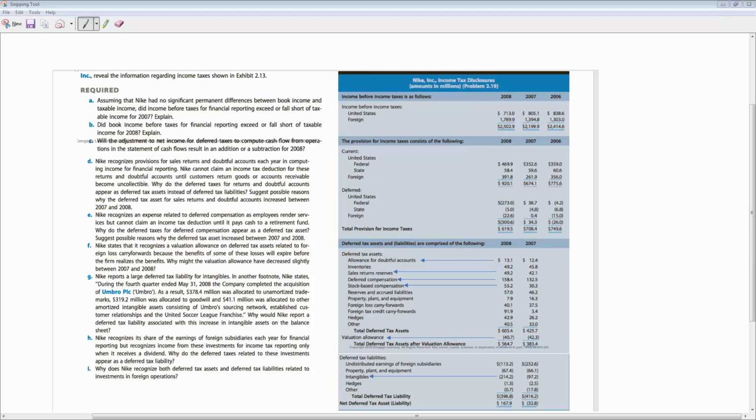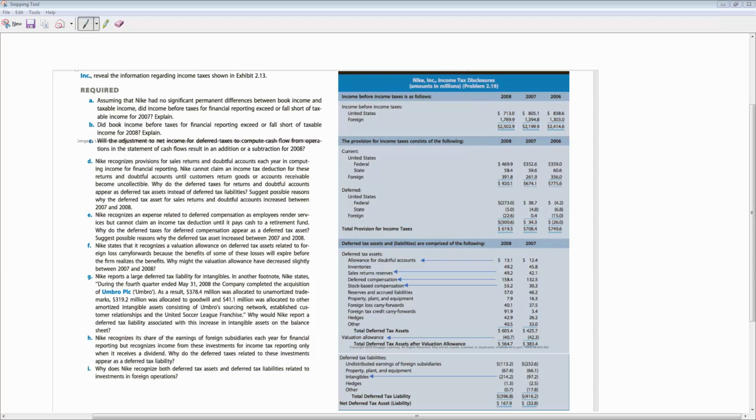In this video, I'm using problem 19 as an example to discuss a company's tax footnote more. The reason we focus on the tax footnote is because it provides supplemental information which we cannot find from anywhere else.